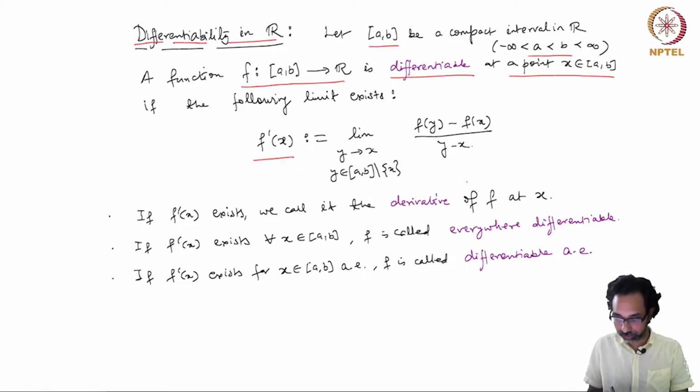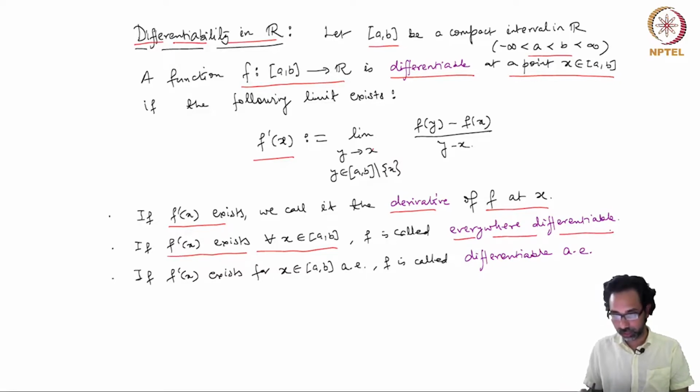So when this limit exists, we call it the derivative of f at x. And if f'(x) exists for all x in this interval [a, b], it is called everywhere differentiable. And finally, if f'(x) exists for x in [a, b] almost everywhere, so outside of a null set with respect to the Lebesgue measure, then f is called differentiable almost everywhere.